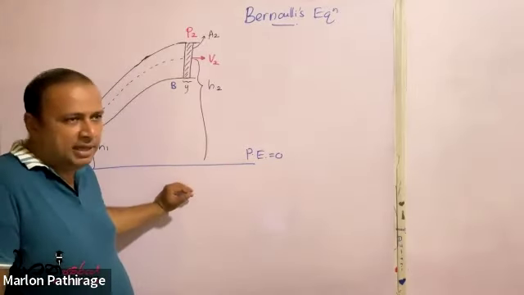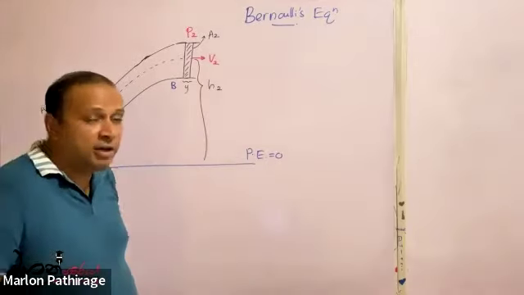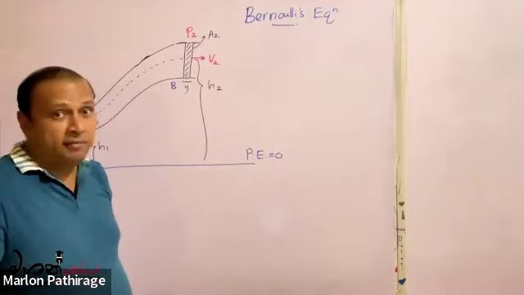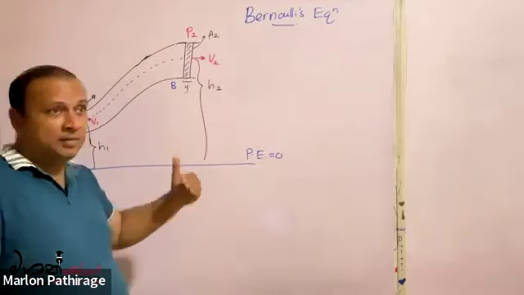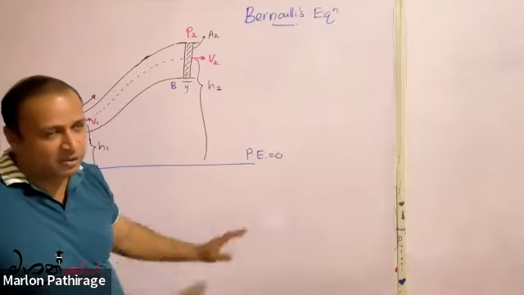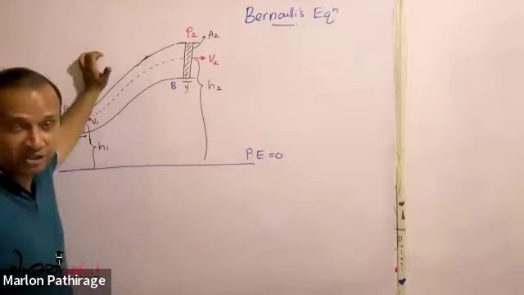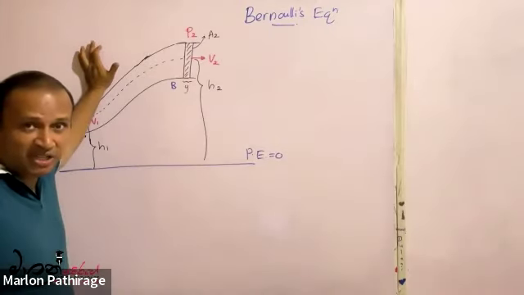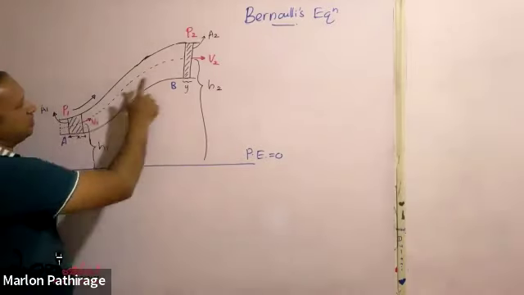We can explain that scenario after proving Bernoulli's equation, but that is not the reason for the change in kinetic energy. Kinetic energy is changed due to the pressure difference.